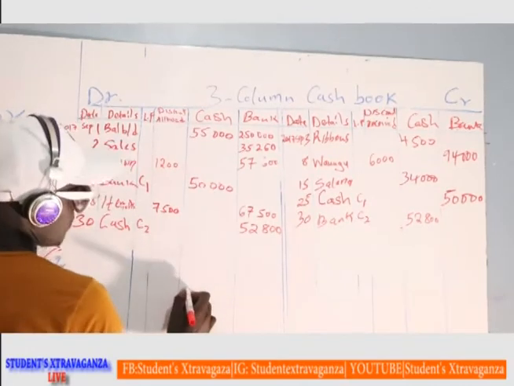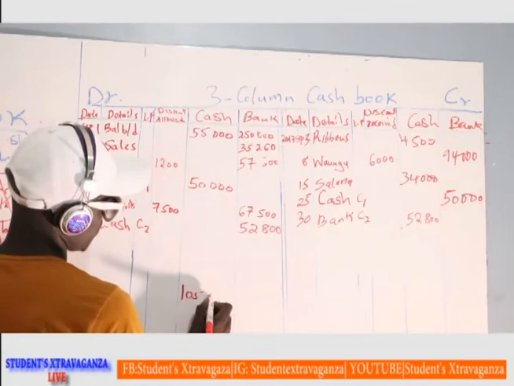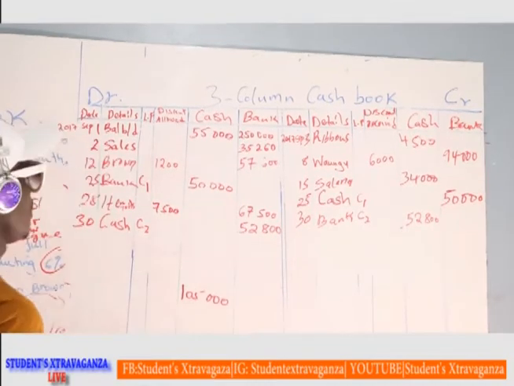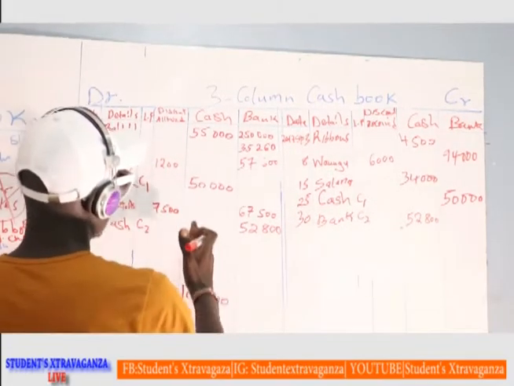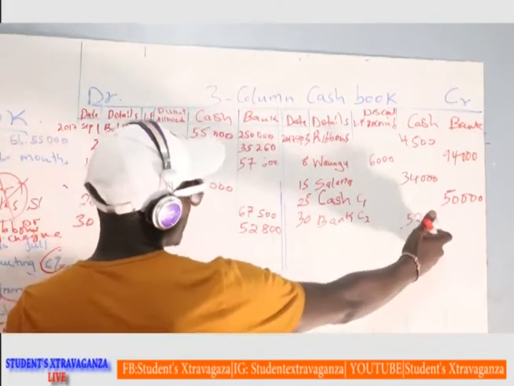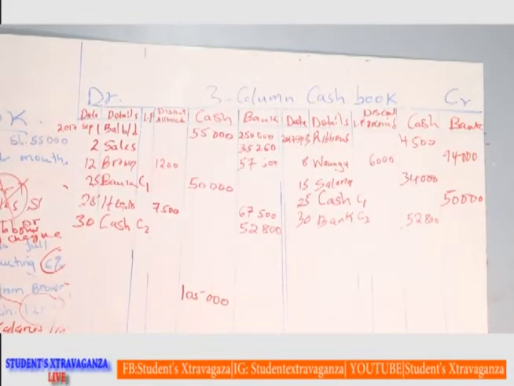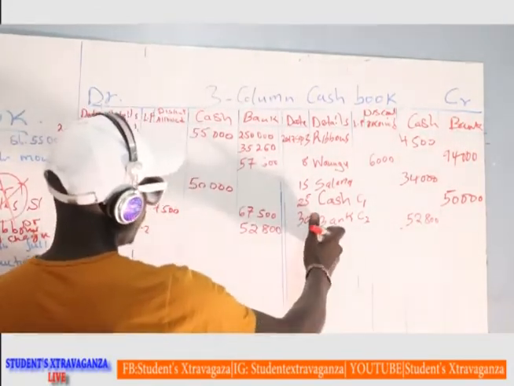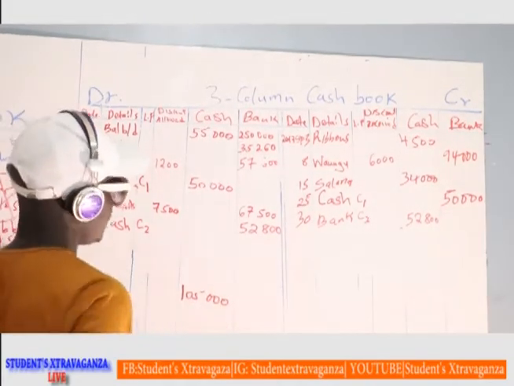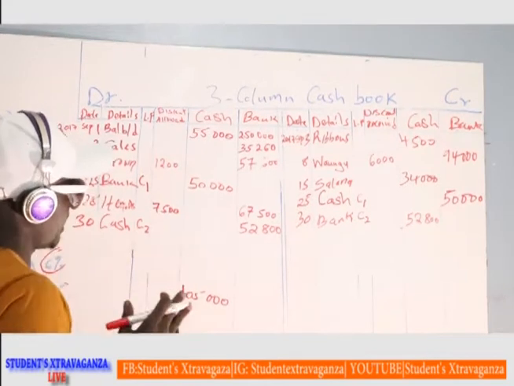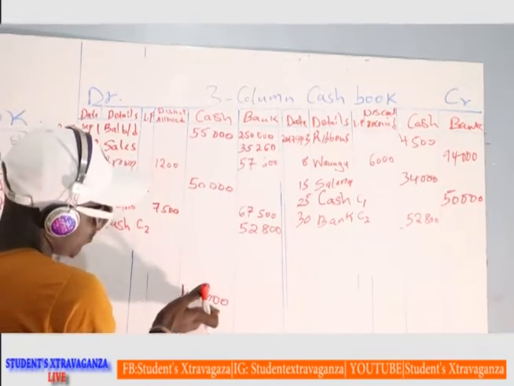That is 91,300. So we must balance. We look for a straight line. We say that 105,000. The balancing figure will be on the CR side since this cash is higher than this cash. We are balancing cash account first before we move to bank. This side is 105,000. We must balance it at 105,000.